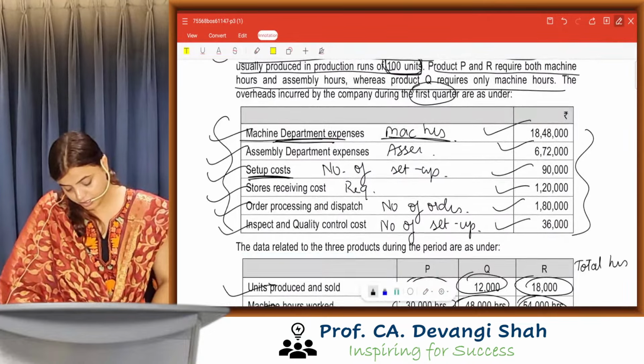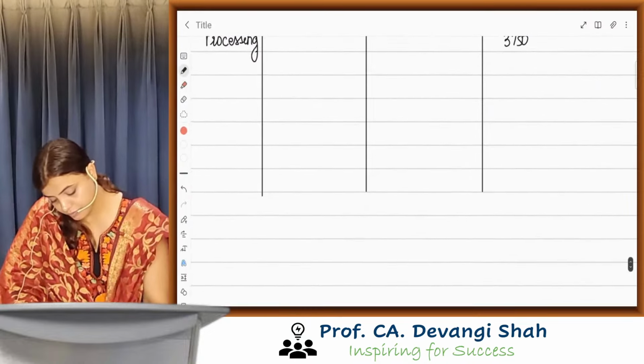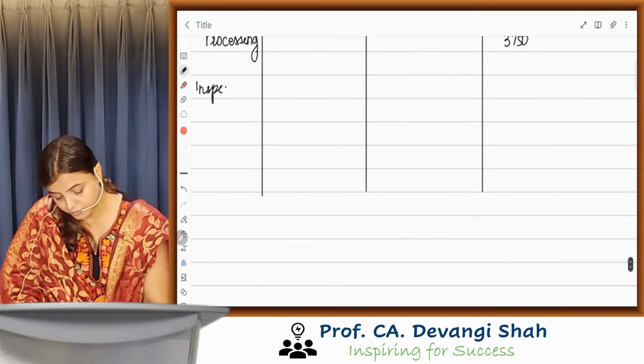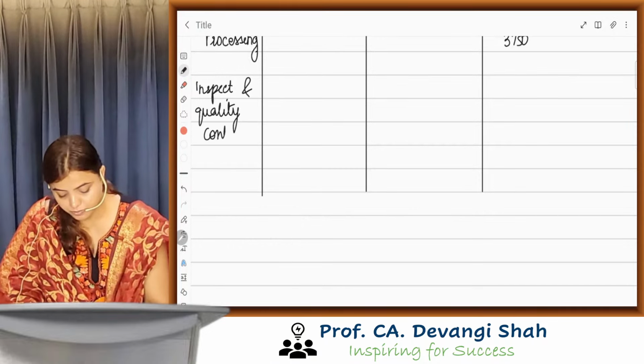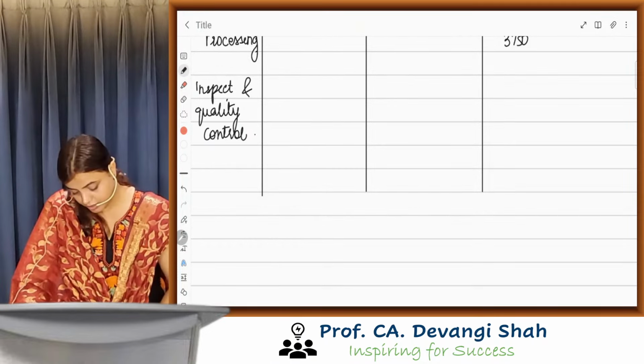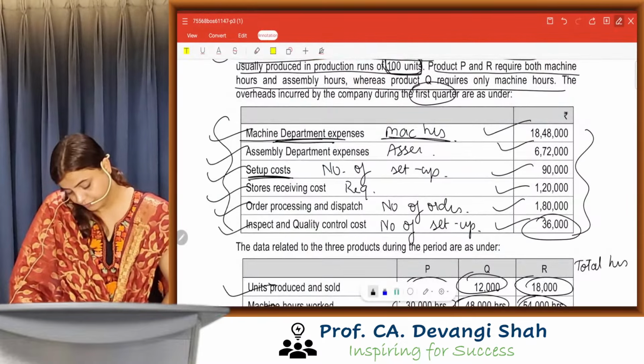Inspect and quality control. The cost is 36,000.